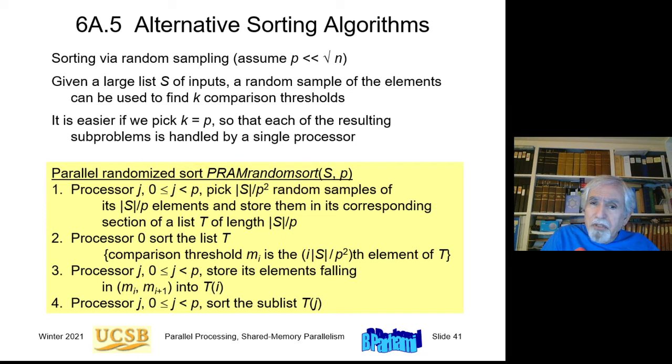It's also fairly easy to code because we have very simple steps. This is a sequential sort over here, these are sequential sorts performed individually by processors, and this sampling is pretty easy to do. So this is sorting through random sampling, or sometimes it's called sample sort.